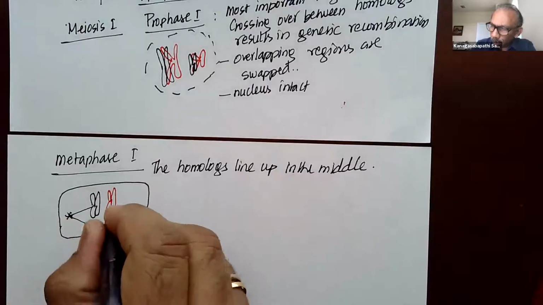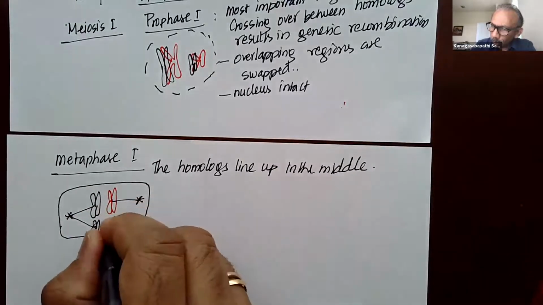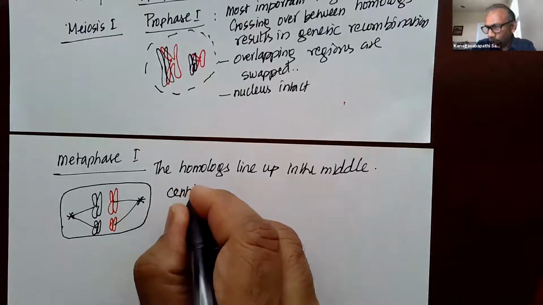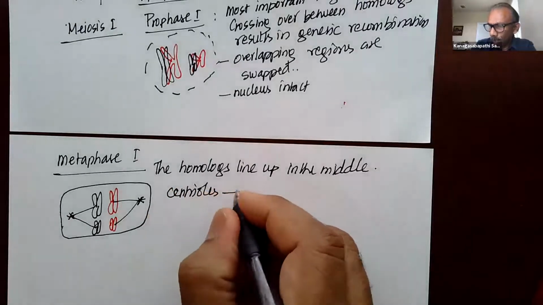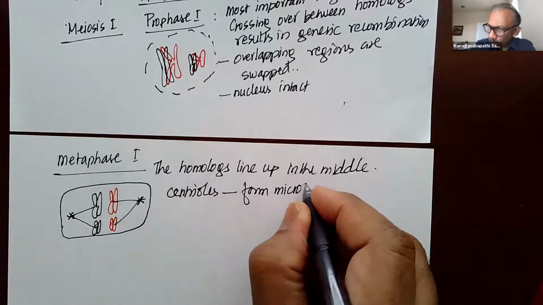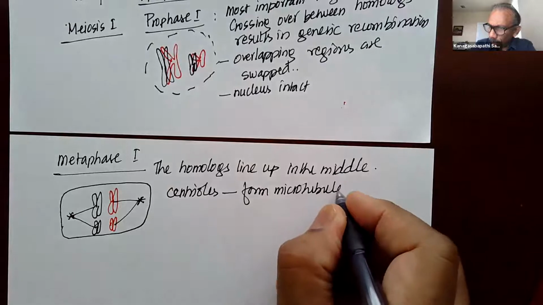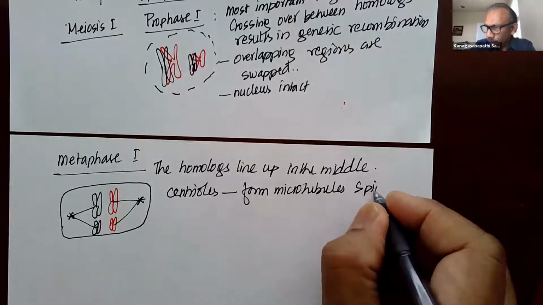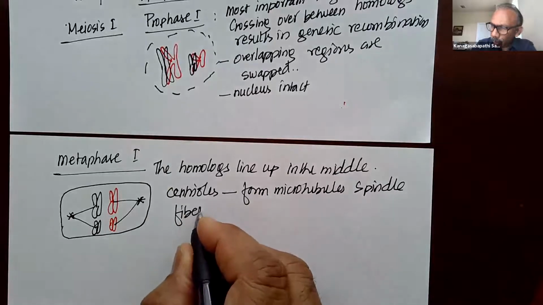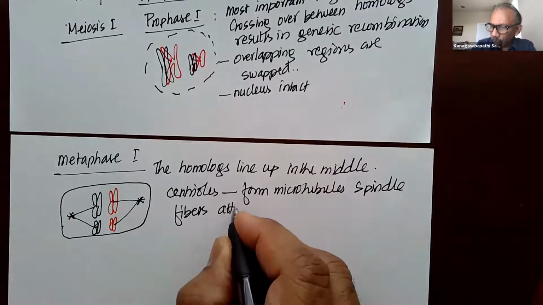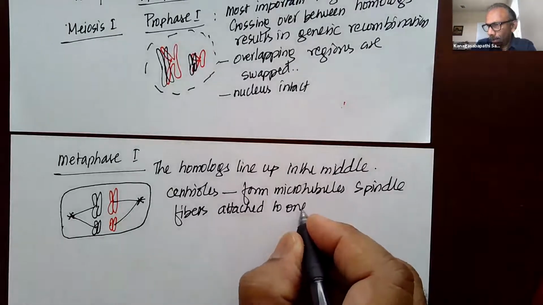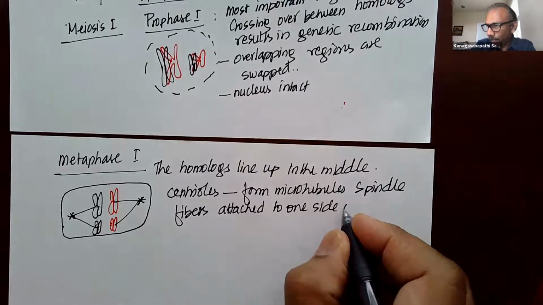So this is how the centrioles form microtubules. So these are the spindle fibers, they are attached to one side of the centromere, not on both sides. Attached to one side of centromere.